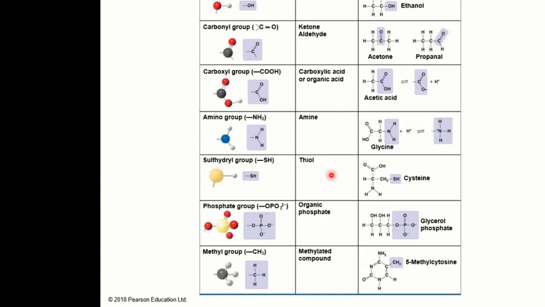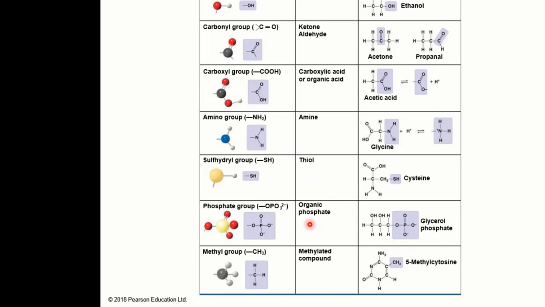And then there's one common popular group called the phosphate group, which is described here by the structural formula of OPO3 2-, and the group belongs to organic phosphate, and the example is glycerol phosphate.